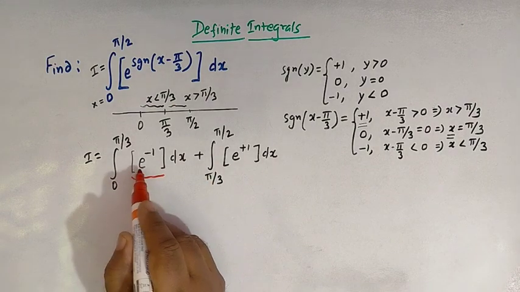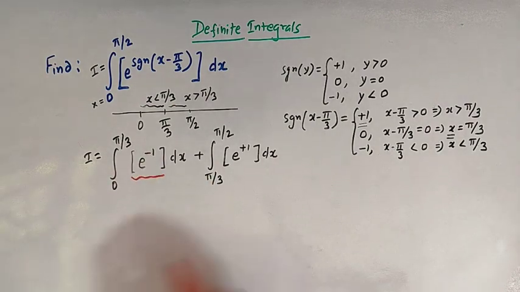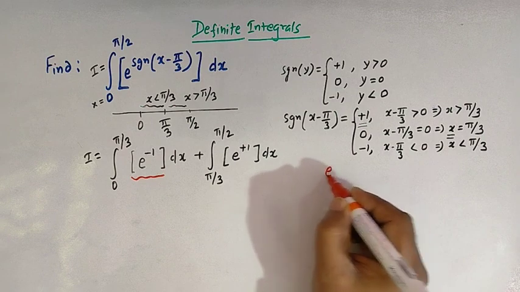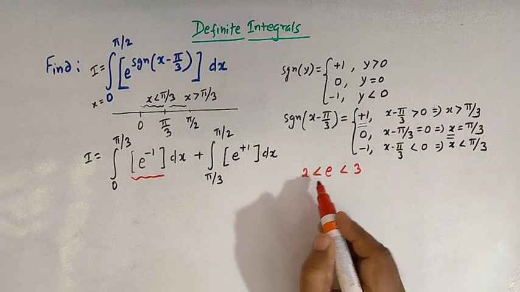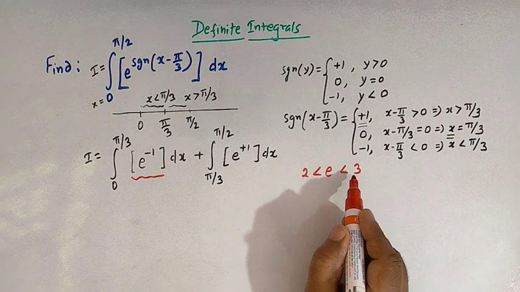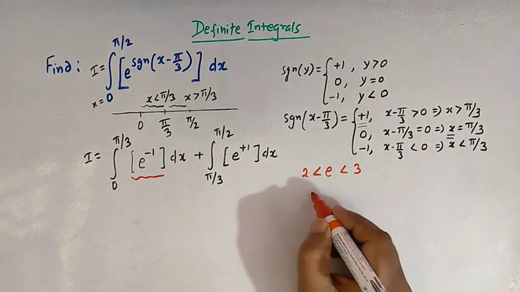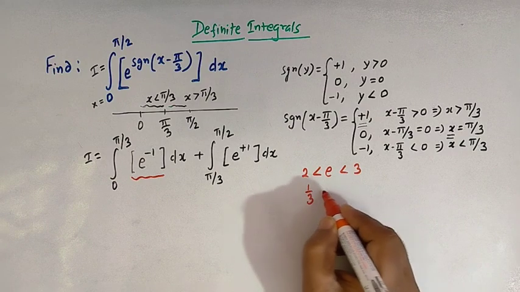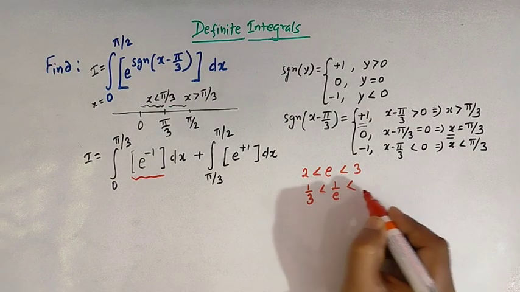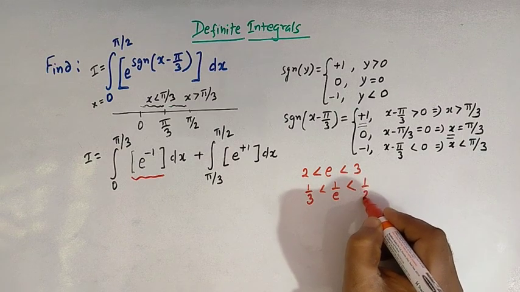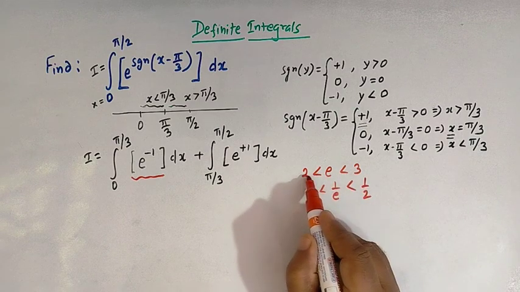Let us first consider e raised to minus 1. We know that e lies between 2 and 3. So when e lies between 2 and 3, then 1 over 3 is less than 1 over e, and 1 over e is less than half, if we take the reciprocal.